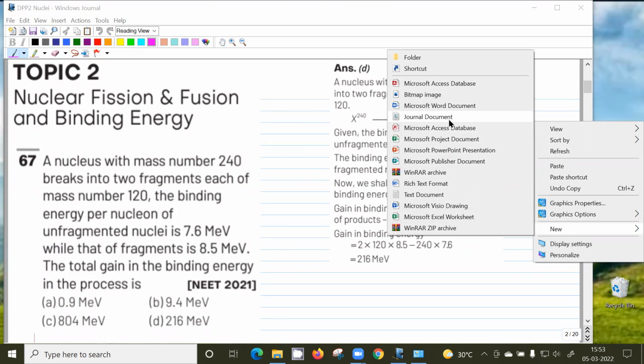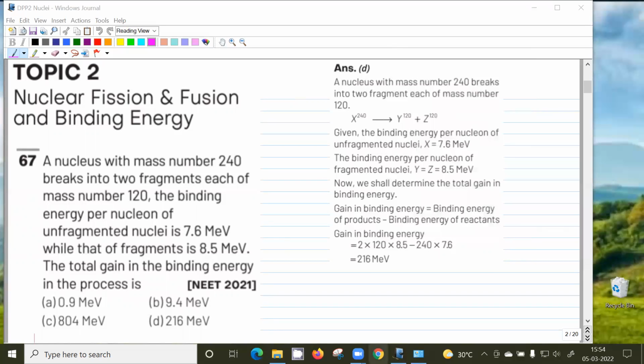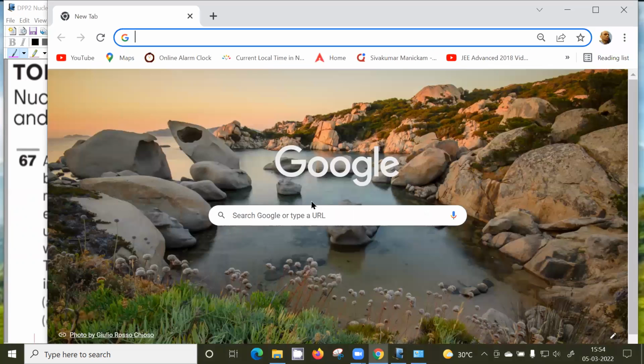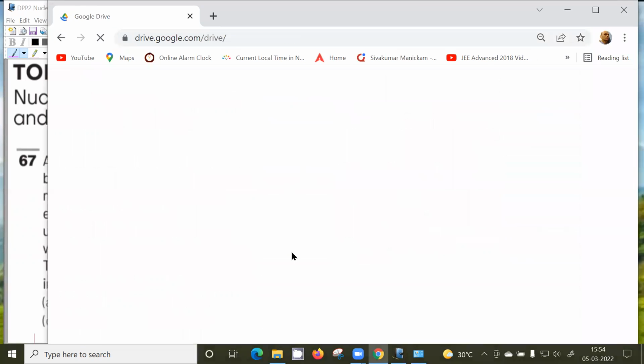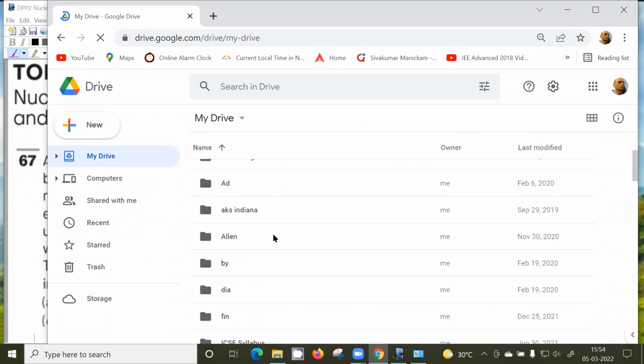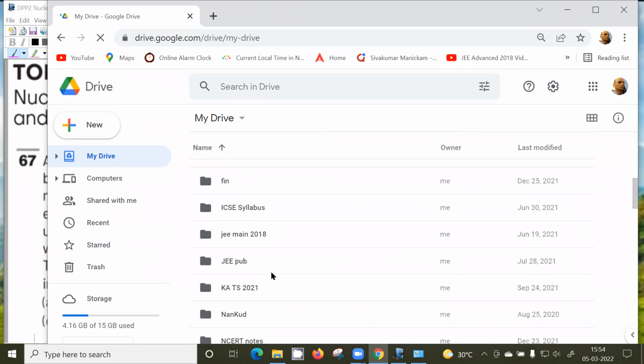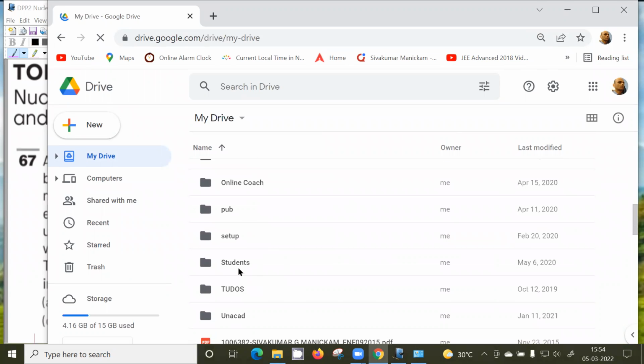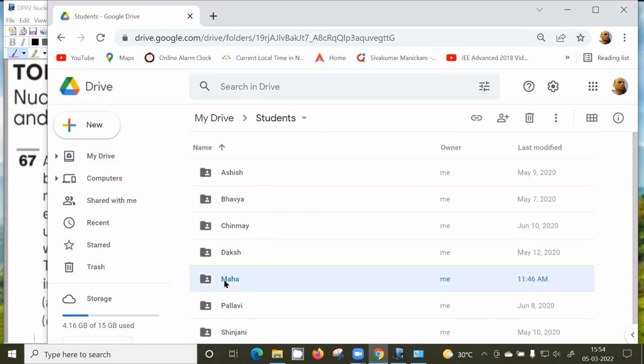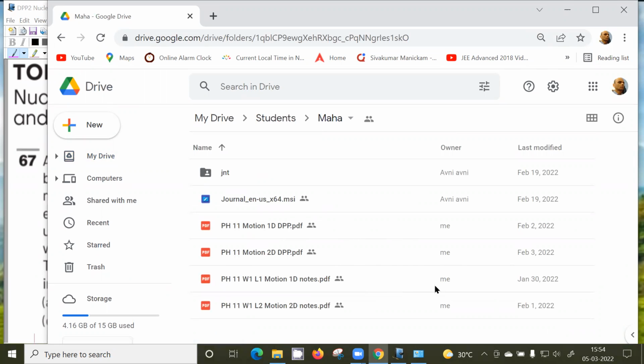If you right click and say new, it should show Journal document. Yes, sir, it shows me. Okay, so after this you're able to go to that folder.